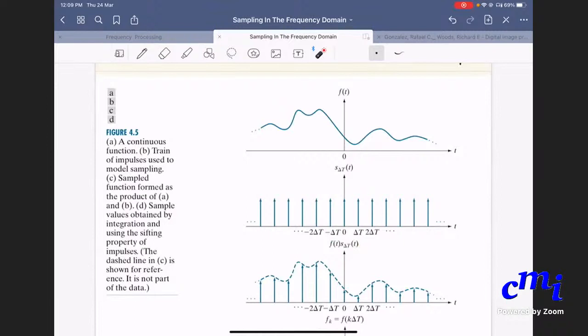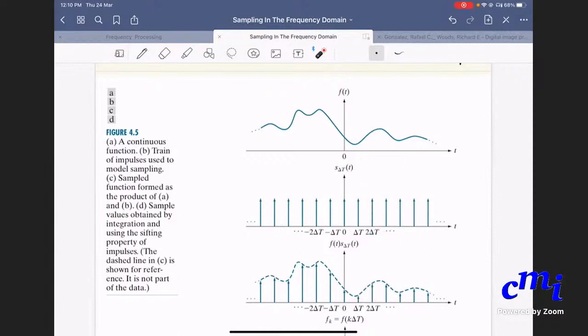You can ignore this dotted thing; we don't care about it. They have drawn this only to show the shape is the same. But the point is that what this multiplication gives you is that at each of these locations, the impulse is multiplied by the value of the function. So you will have an impulse of this size, right? This gets multiplied by the value of the function.